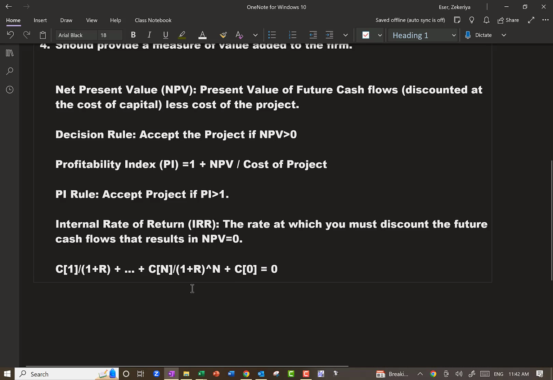Actually, I'm going to call this IRR. It's the value that solves that equation. Okay?